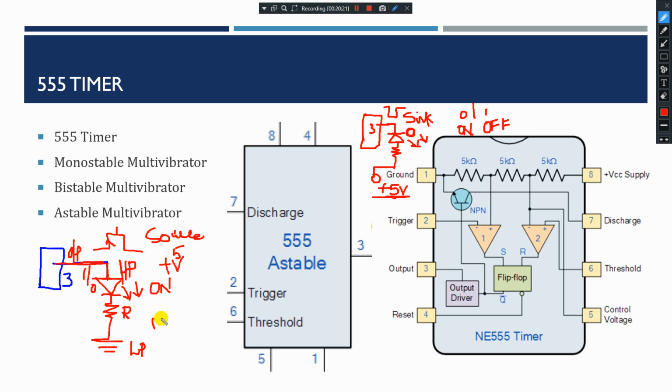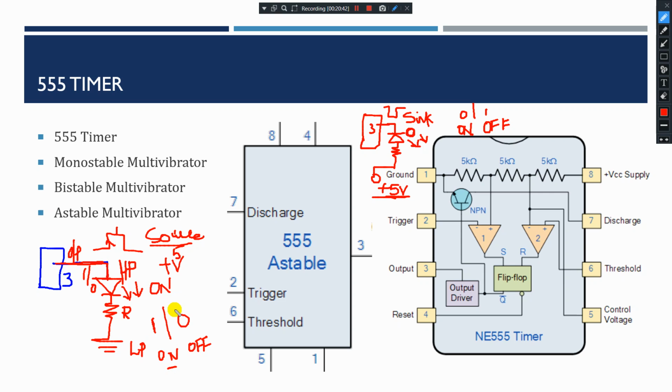Let me write the same truth table here, 1 and 0. For 1, your LED will be in on condition. For 0, your LED will be in off condition. That is called source and sink. In source, if the output of pin 3 is high, then your LED is on.